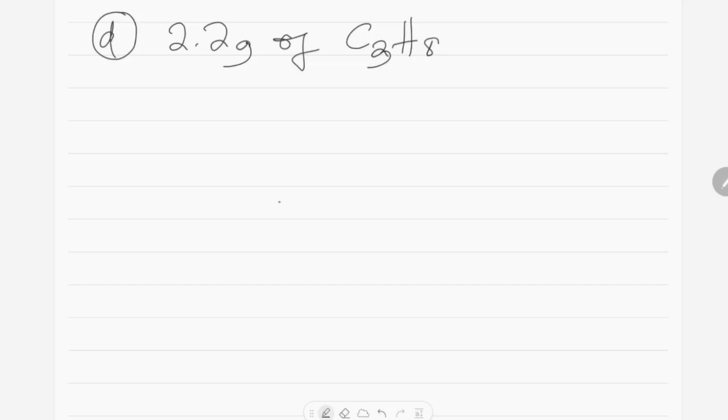So let's first find the relative molecular mass for propane. Propane has got carbon and hydrogen. So there are 3 atoms of carbon, multiplied by the mass number for carbon, which is 12. 3 times 12 gives us 36.